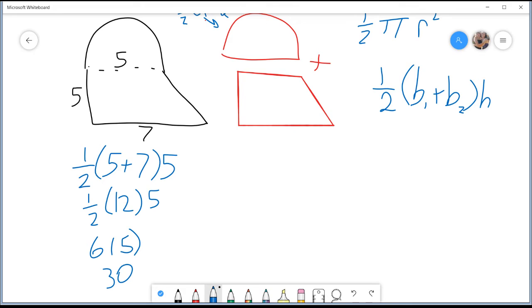Next, we're going to do the circle. And since we're doing the area of the half circle, we are going to want to take out our calculators because we're going to be doing stuff with pi. And while you can do it by hand, it's going to be a lot easier to do it like this.